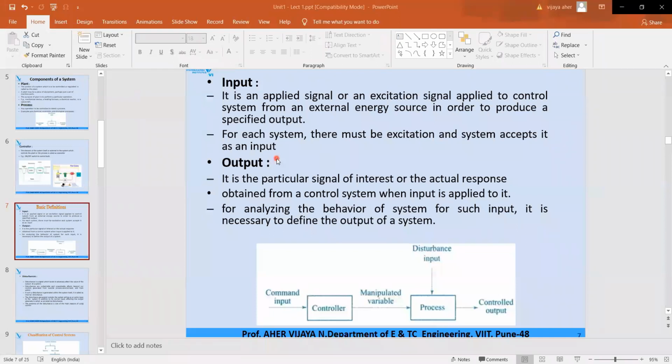Up to now you have applied DC voltage as an excitation to an electronic circuit. Similarly here also you have to apply some excitation signal, which is nothing but the applied input signal to the system. So it is an applied signal or excitation signal applied to a control system from an external energy source.